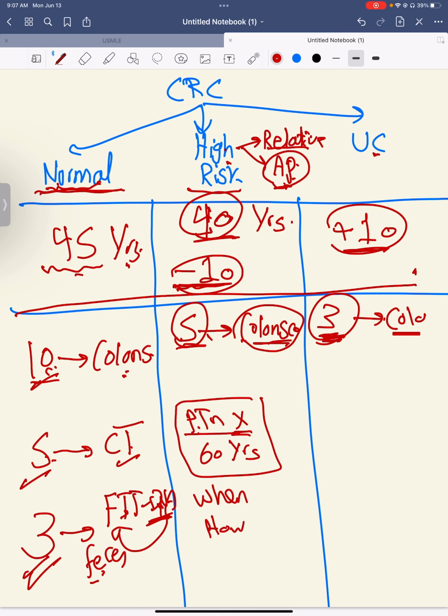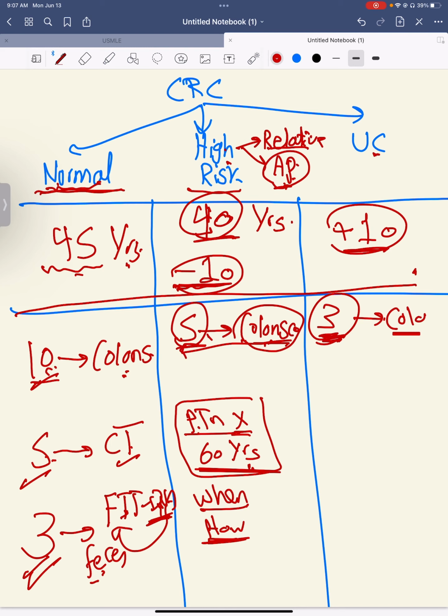This patient has a father who got colorectal cancer at 60 years old, so he's from the high risk group. We start the screening either at age 40 or 60 minus 10, which equals 50. So we have 40 and 50, and we choose 40 because it comes first. This is the first answer for when and how. How we should do it: colonoscopy every 5 years.